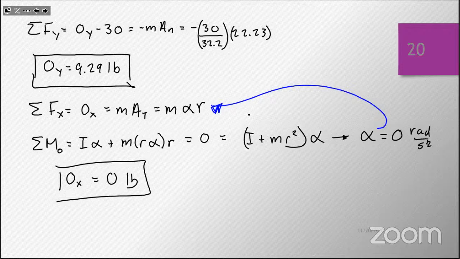So think of the mass moment of inertia as how much resistance you have to rotating something. The larger it is, the harder it is to rotate something, right?